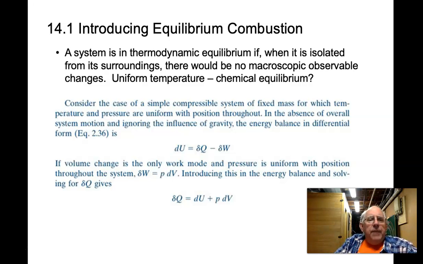And in the absence of overall system motion, as well as ignoring the influence of gravity or potential energy differences, we can write an energy balance in a differential form, as we saw back in chapter 2.